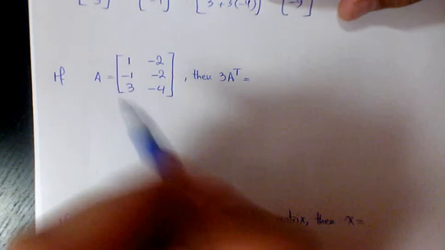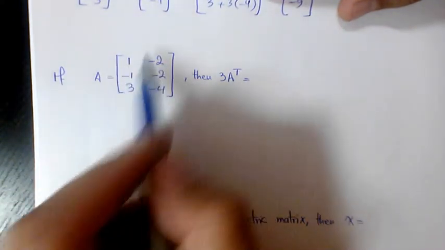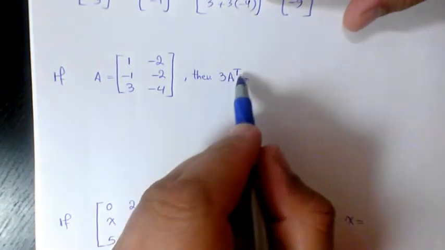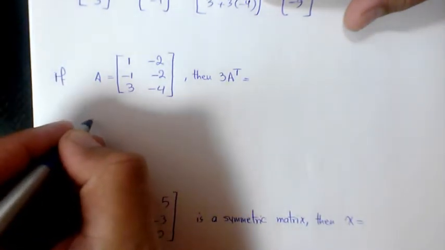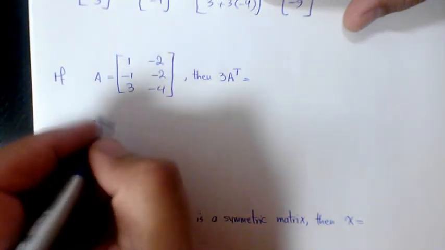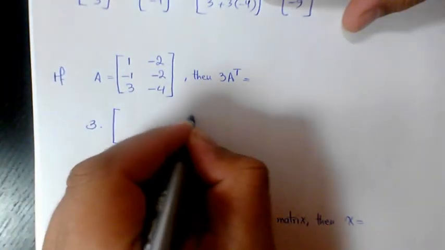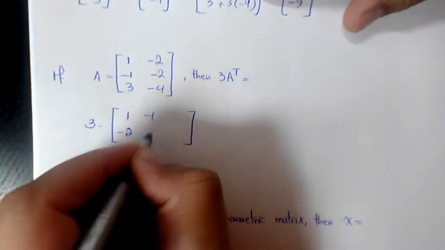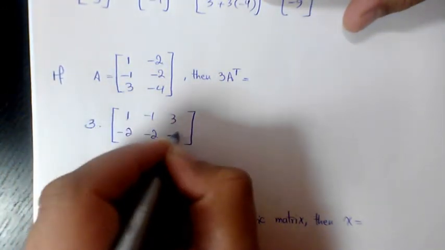Next one. If we have a 3 by 2 matrix A, then what is 3 times the transpose of A? So 3 times the transpose of A is going to be 2 by 3: 1, negative 2, negative 1, negative 2, 3, negative 4.